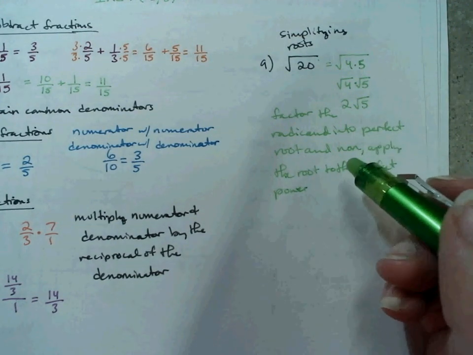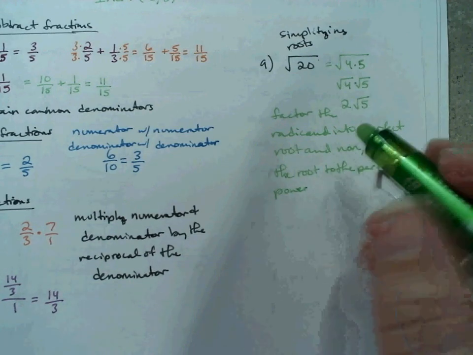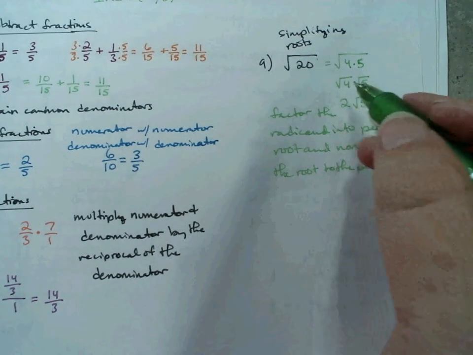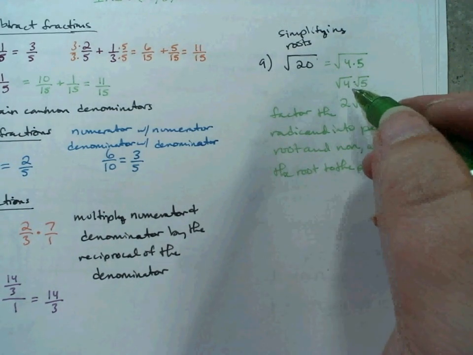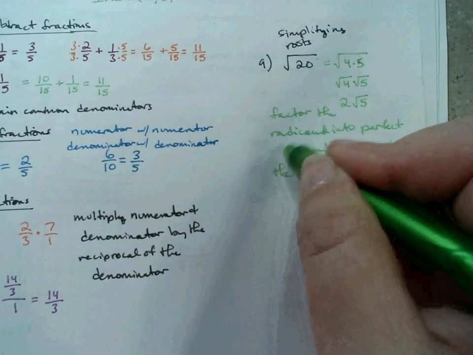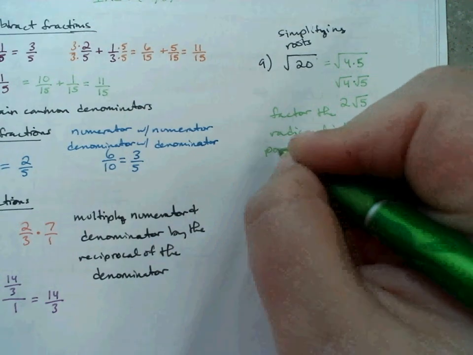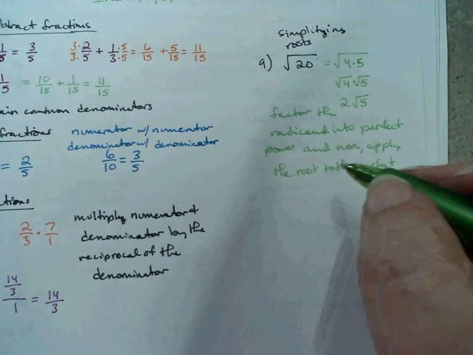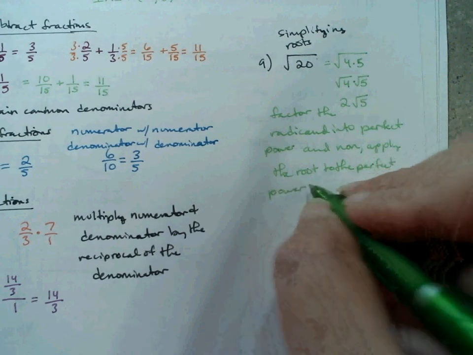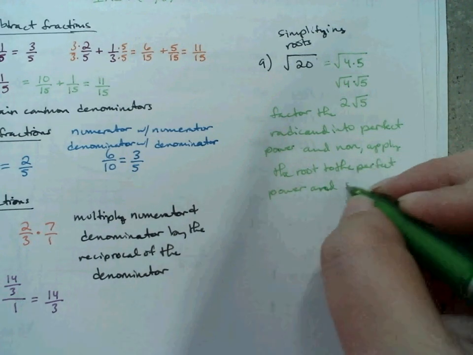Okay, so I just said it that way, but then I said perfect root. I'll keep with the root to help, because it's a perfect square root, but it's perfect square. Let's go with perfect power. Harder to just say in words, but okay. Apply the root to the perfect power and simplify.